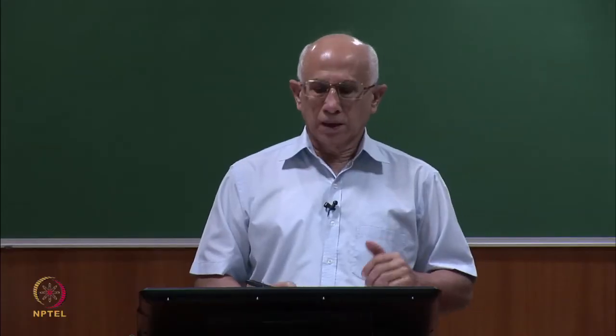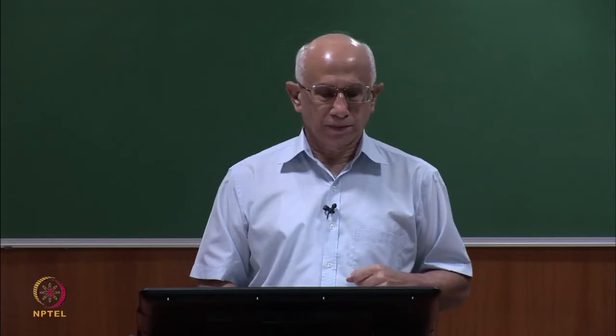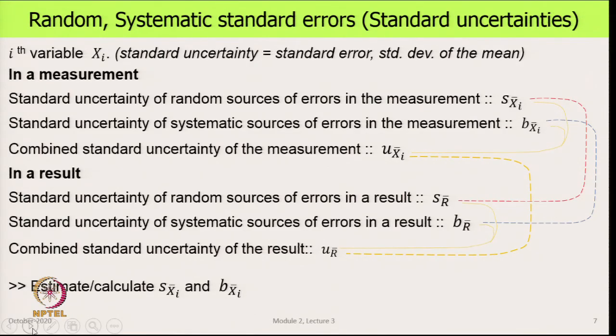Now, we start looking at how to put symbols on things and what terms we use. And we start with random and systematic standard errors, which henceforth we will call standard uncertainties. Now, remember what we got from statistics. Standard uncertainty was the standard deviation of the mean. That is what it was.